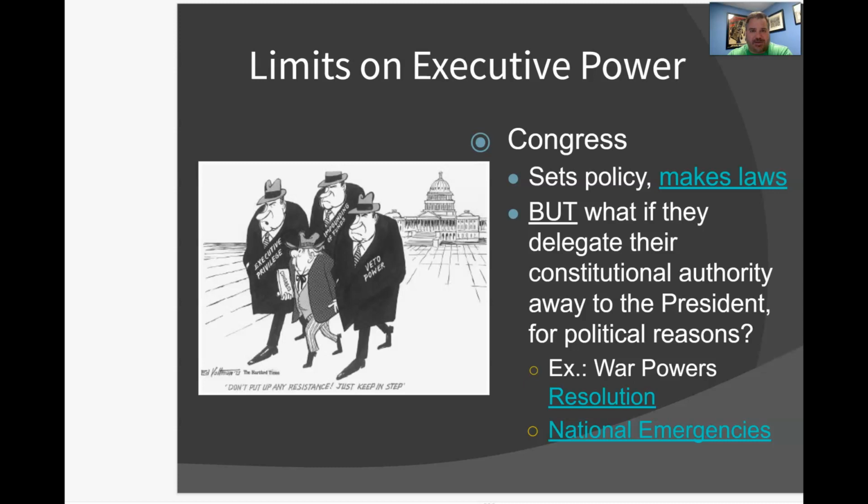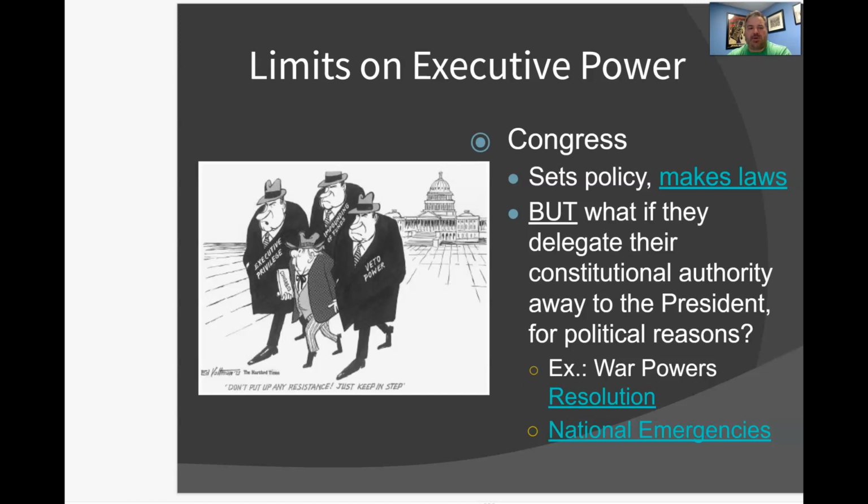But that's not a declaration of war. And, you know, we've been involved in Afghanistan, for example, since November of 2001 under a War Power Resolution that's 19 years old.